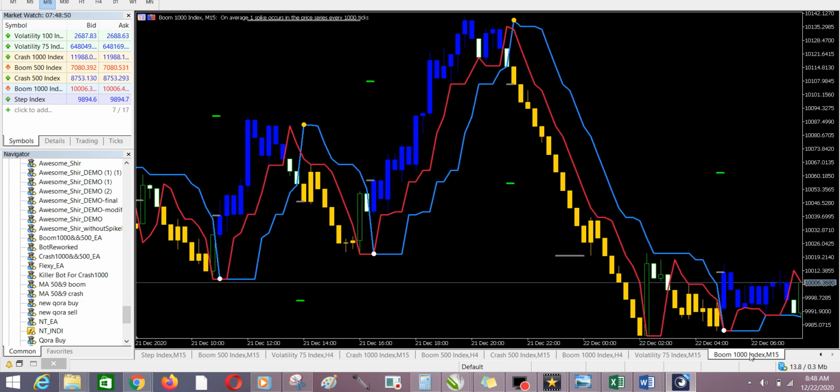Let me tell you the truth, spikes trading is the easiest way to trade Boom and Crash. Spikes trading in Boom and the drop down candles in Crash are the easiest way to trade Boom and Crash, because it helps you reduce the risk of the sudden spike, and it helps you make more money within seconds.